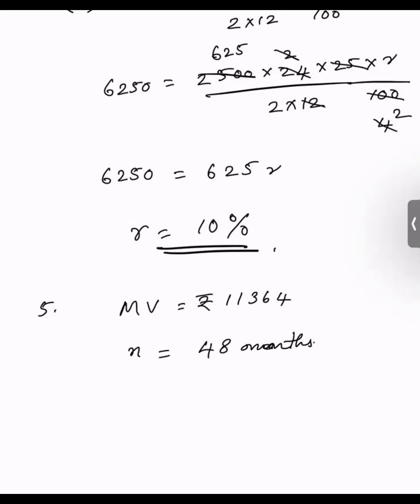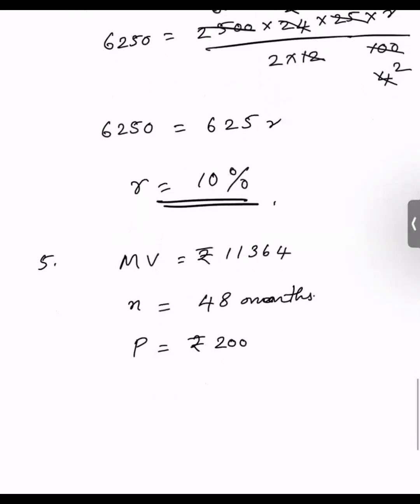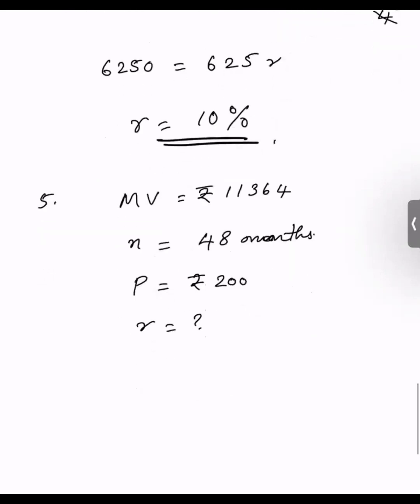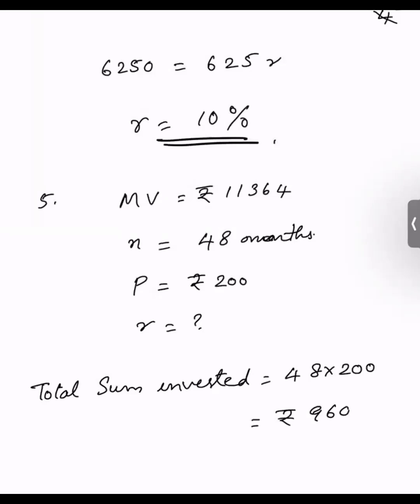The monthly deposit is 200. R is what they have asked you to calculate, right? Here again, you know maturity value. You can calculate total sum invested, right? Total sum invested is 48 into 200. That is going to be 9,600.